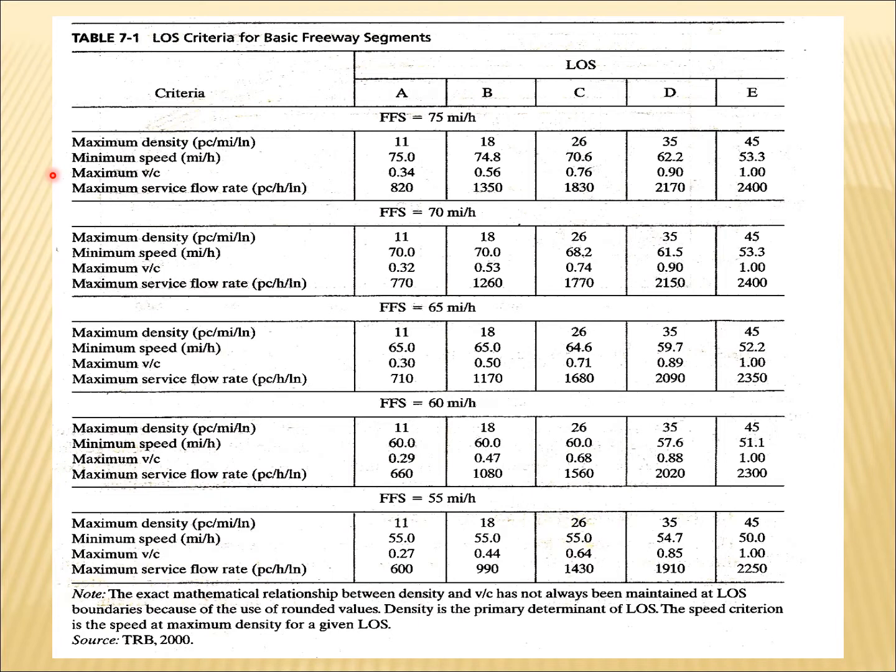Remember that V over C means volume to capacity ratio, and this is the maximum service flow rate, again in passenger cars per hour per lane. As this ratio V over C increases, we are moving from level A to level E.